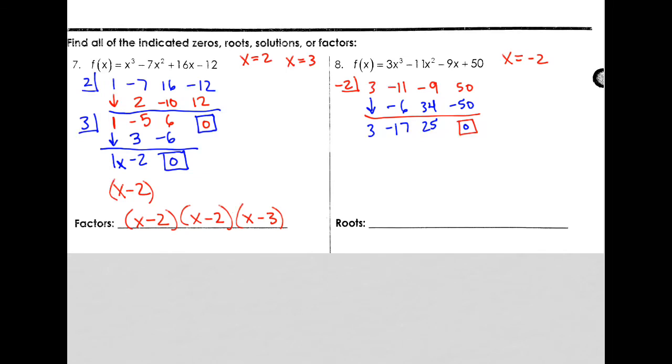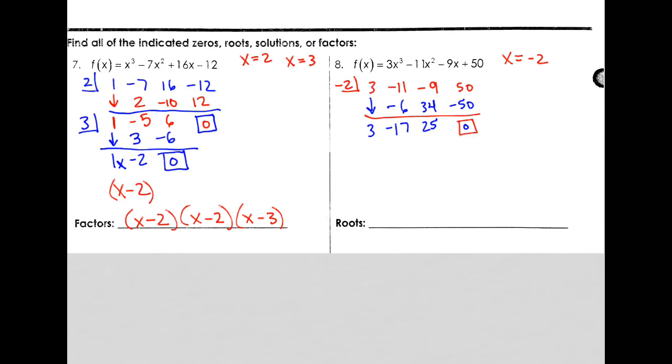Now, the calculator only gave us the 1, 0, and so we have to do something to find our other 2 because we have a third degree here, which means there's 2 more because we only have 1. So now we have to do something, quadratic formula, factor, whatever, right? But either way, we got to get to our other 2 zeros, roots, or solutions.